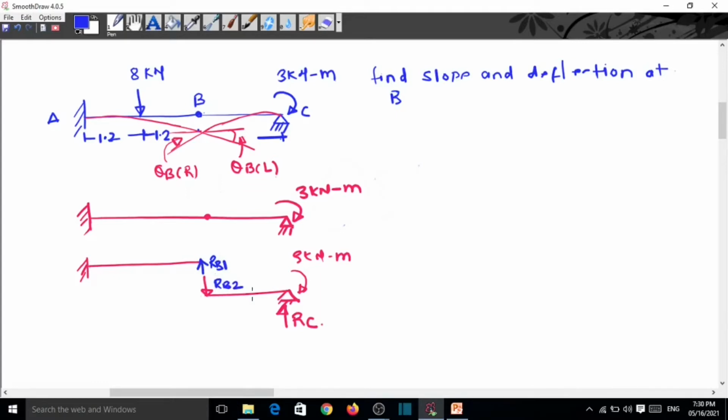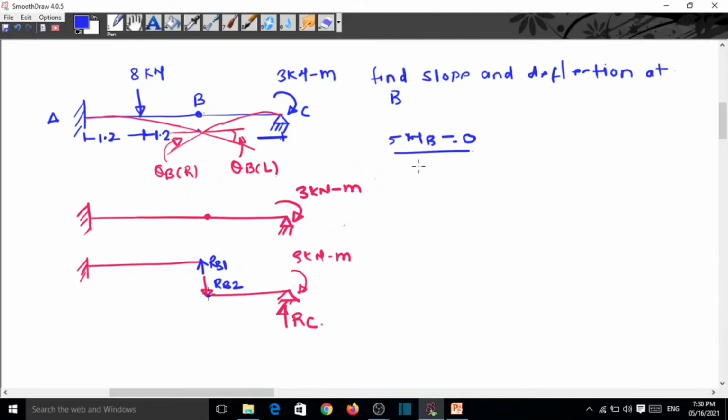So first we solve this. We take the moment at B, so sigma MB is equal to zero.